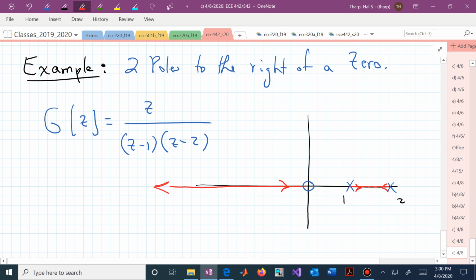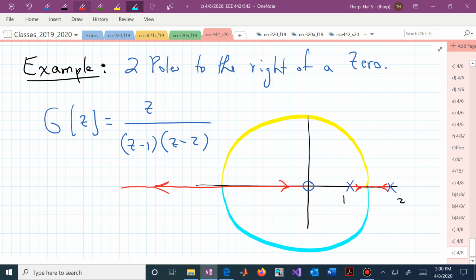The other branch is going off to minus infinity. What we want to know is how do these break away here and one come over here and the other one break away and go over there. We want to now determine what's the value of z where it breaks away and what's the value of z where it re-enters. Can we compute those for this numerical example?